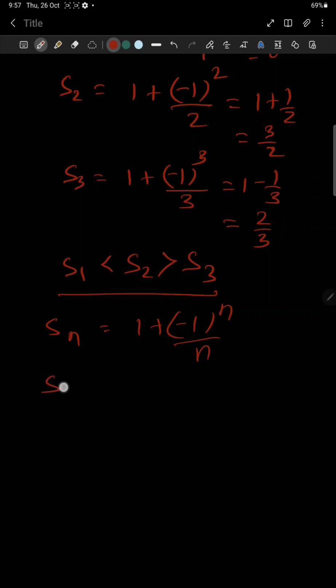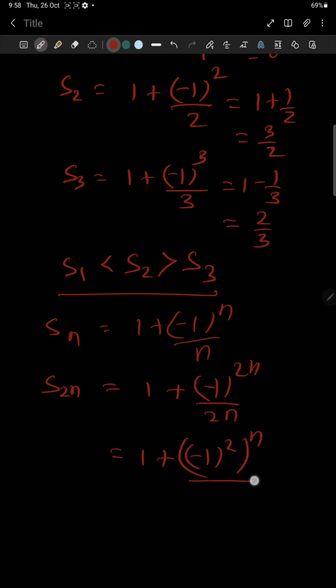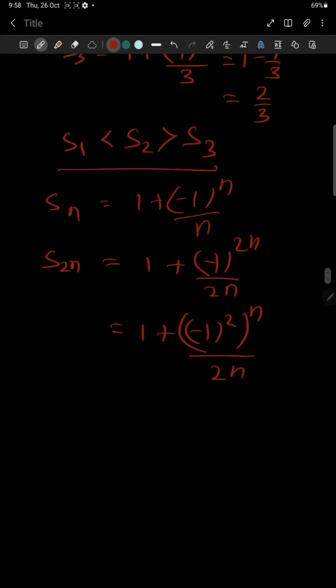The even subsequence takes the form S2n equal to 1 plus (minus 1) whole to the power 2n divided by 2n, which is equal to 1 plus ((minus 1) whole square) whole to the power n divided by 2n, which gives 1 plus 1 by 2n. It tends to 1 when n tends to infinity, because this term goes to 0 when n tends to infinity.